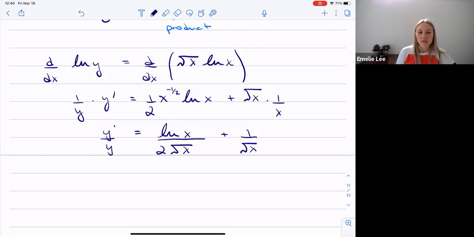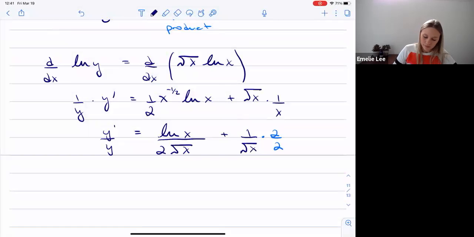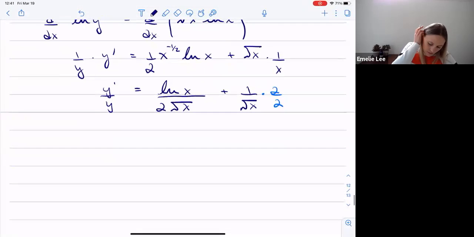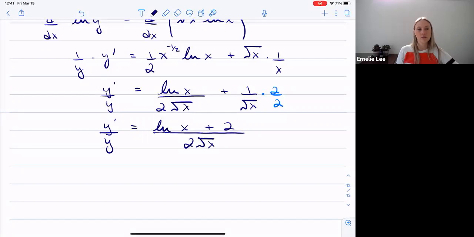I am going to force a common denominator here. All I'm missing is 2, and then I can have 2 root x as my common denominator. So the second term I'm going to multiply by 2 over 2. So I have y prime over y is the log of x plus 2 over that common 2 root x.